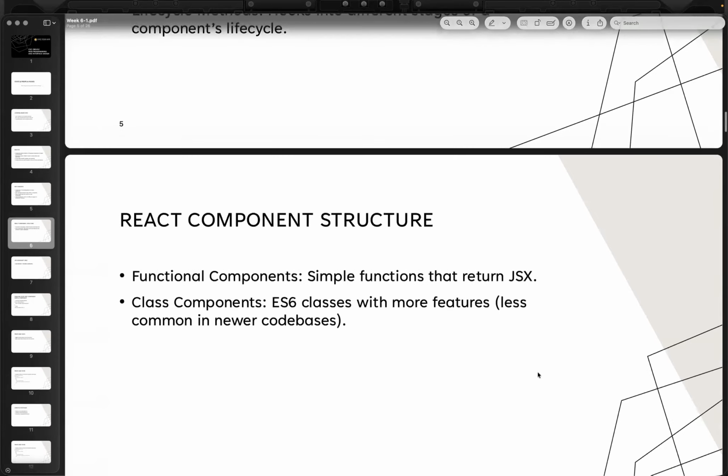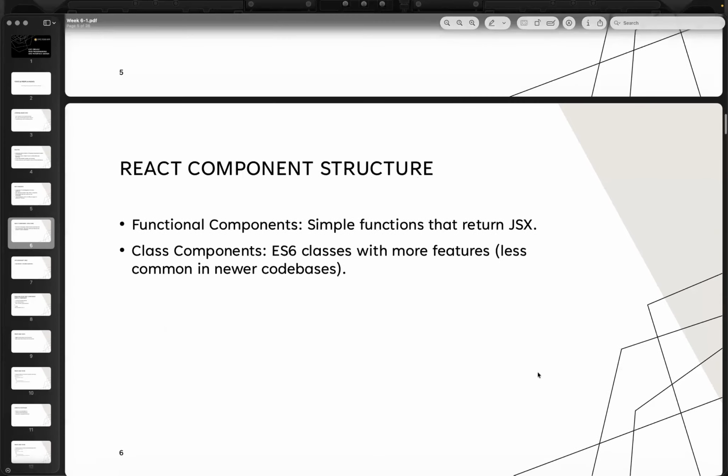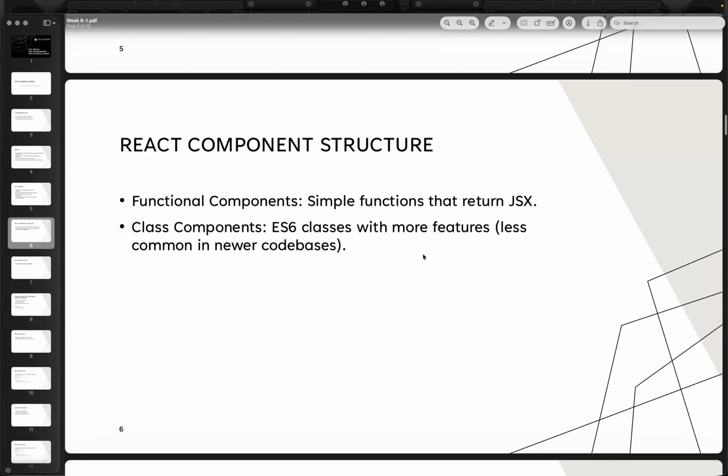First part, about UI. Just a revision, we talk about functional components. Pretty simple function, right? We return JSX, so you see the file format is JSX. And we also have class components, starting from ES6 classes. In the lecture part we talked about ES6, or sometimes ES6 plus, which has more later features.